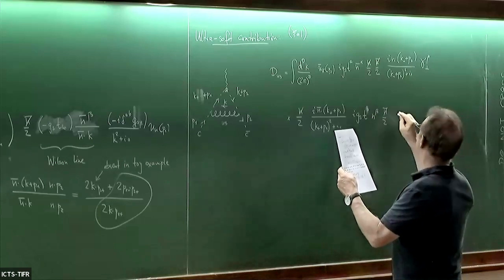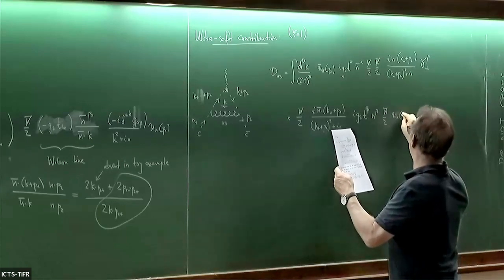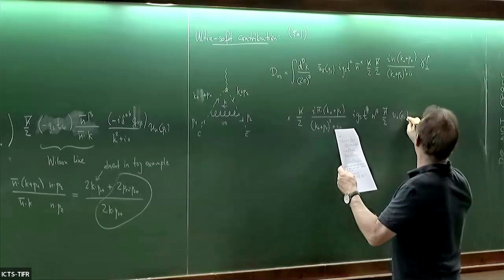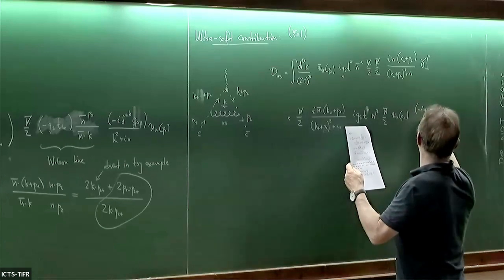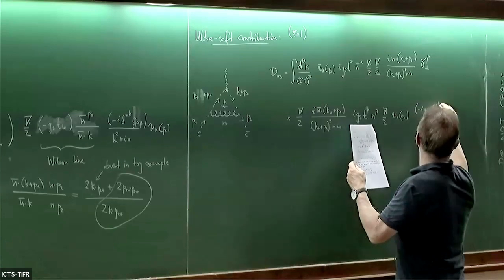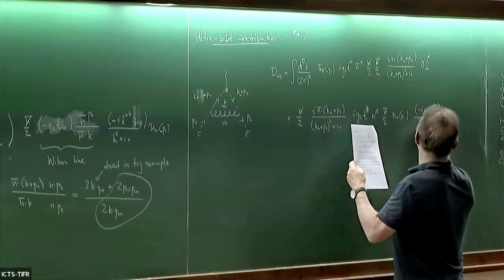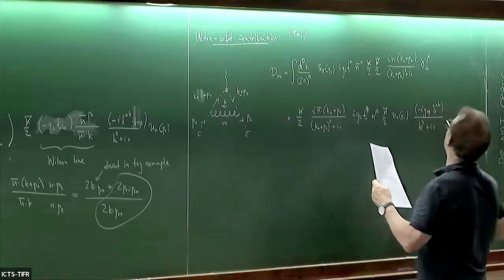The spinner u n of P1, and now the gluon propagator minus i g alpha beta delta alpha beta divided by k squared plus i0.